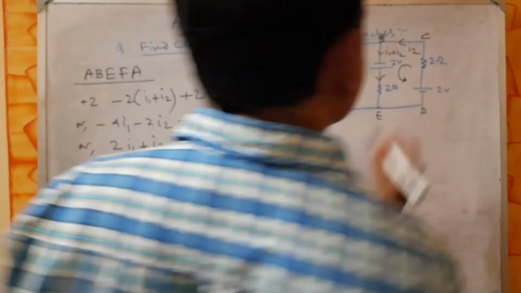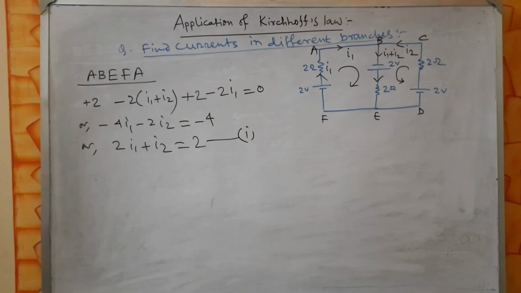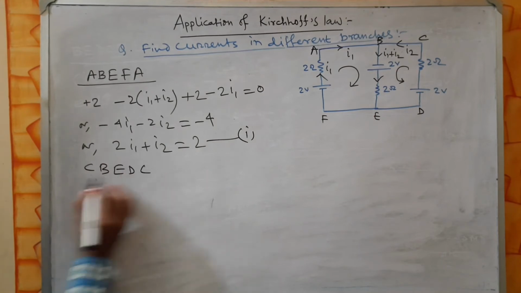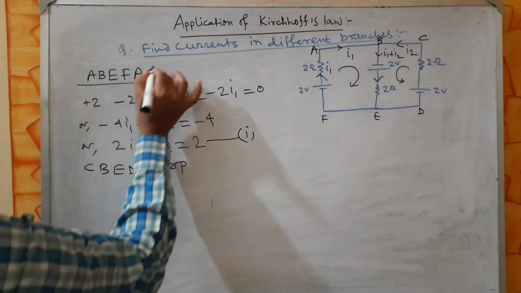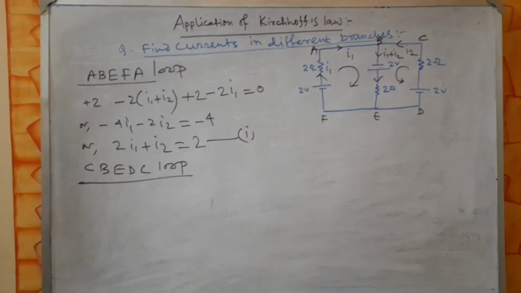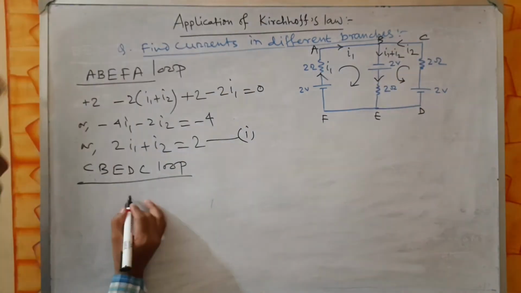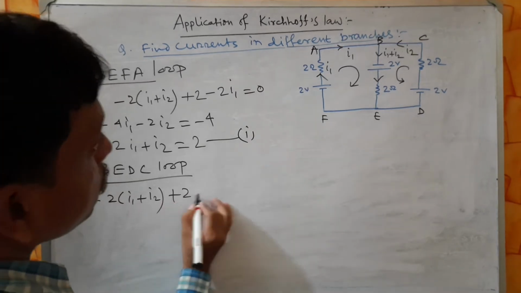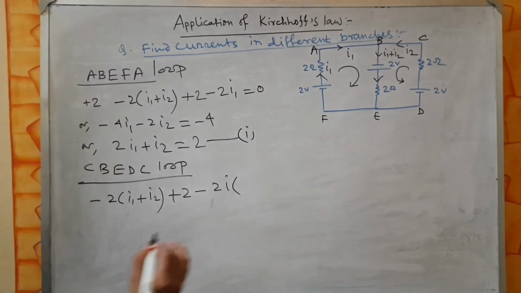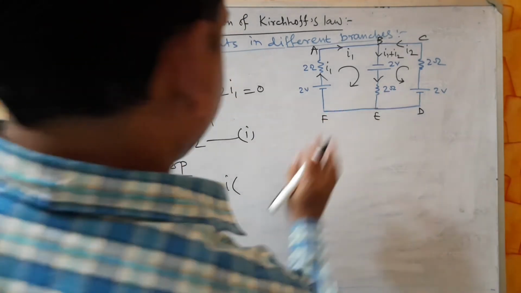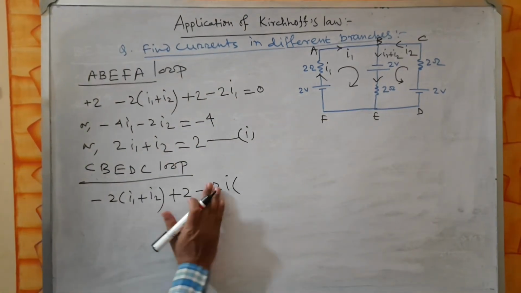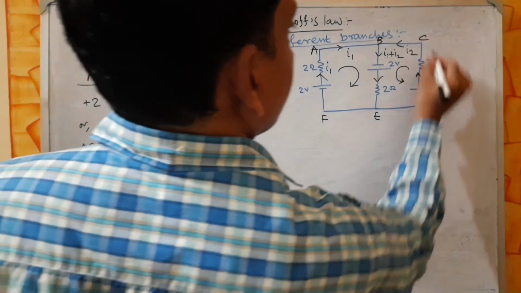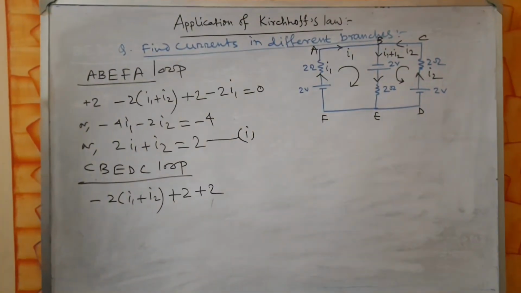Next, we consider the mesh direction by the closed loop C, B, E, D, C. For the loop we can write minus 2 into I1 plus I2, plus 2, minus 2 I2, where the current flow from the 2 ohm is I2.